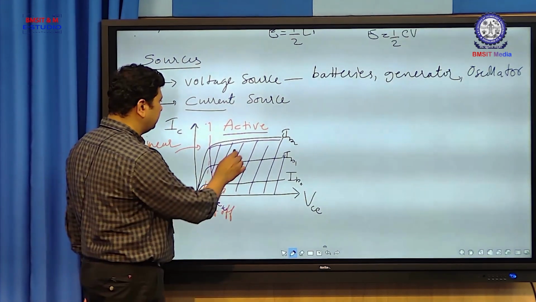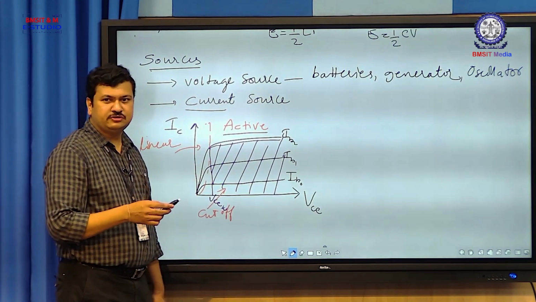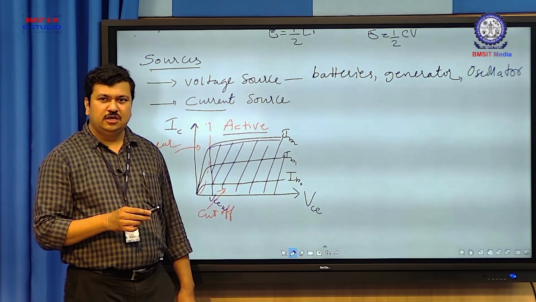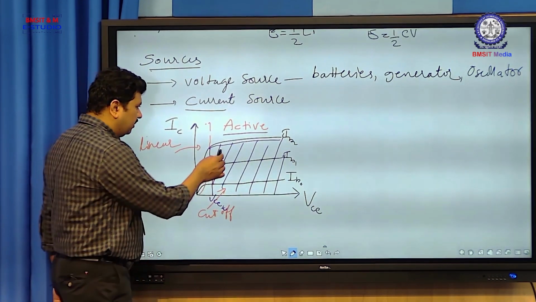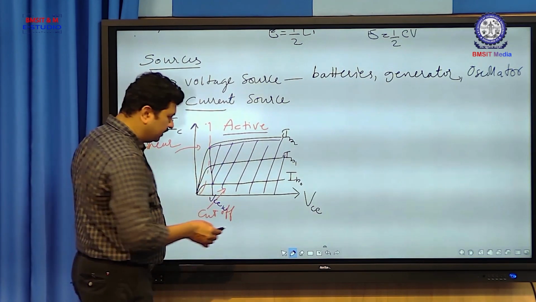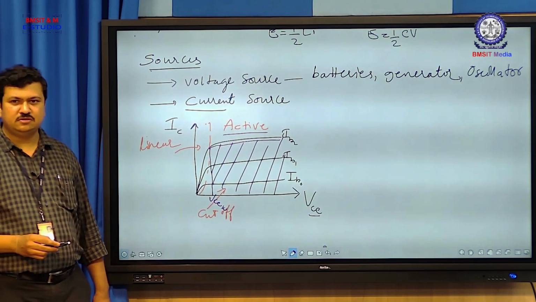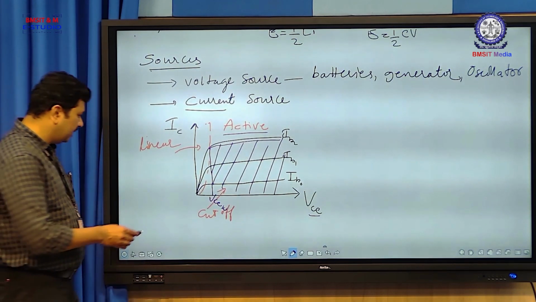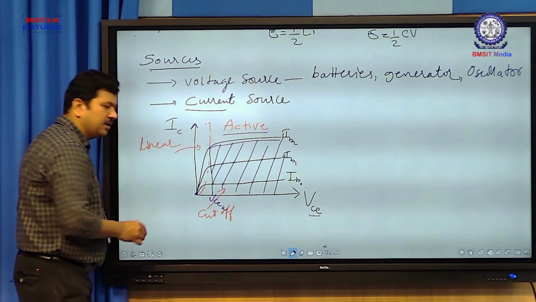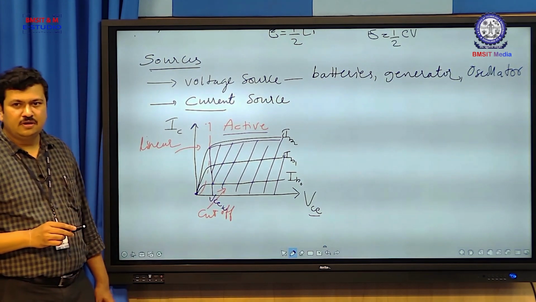So, this is how generally a current source is visualized in practice. You cannot have the constant current of a transistor without application of the collector emitter voltage. If I make the collector emitter voltage 0, my transistor current also becomes 0.